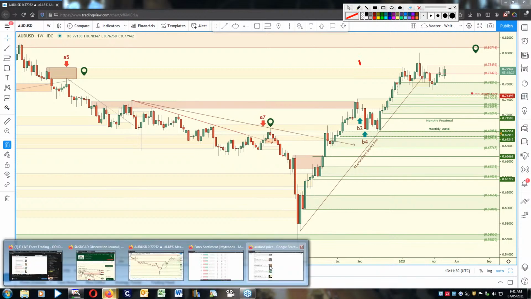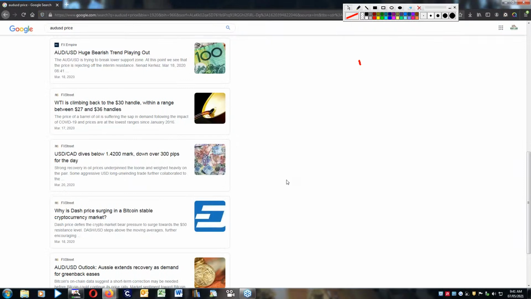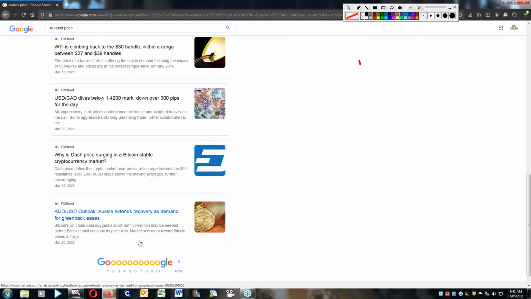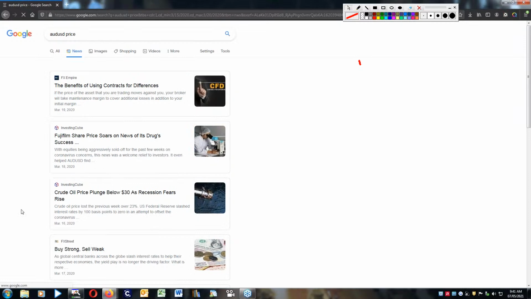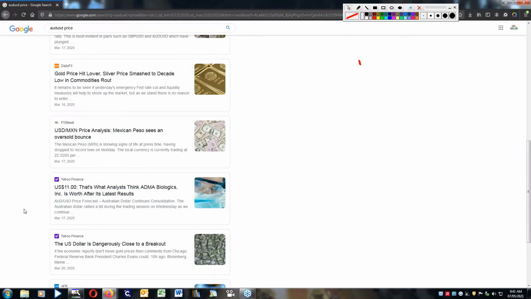What else we got? Why are they tossing in some USCADs here if I've typed in Aussie US? Aussie extends recovery as demand for greenback eases. Let's see, crude oil. This is not working very well. They should be only showing Aussie.